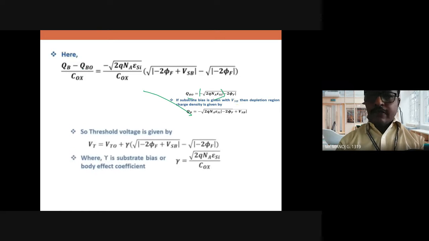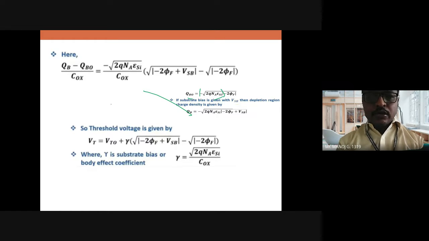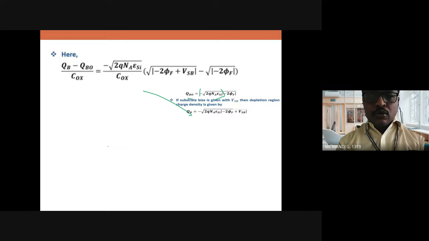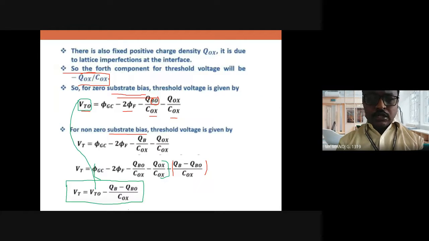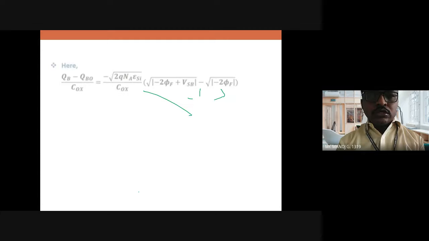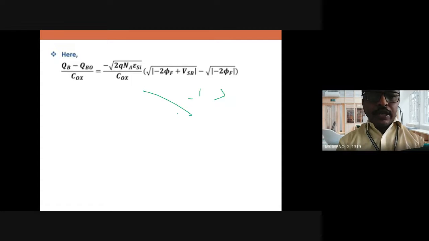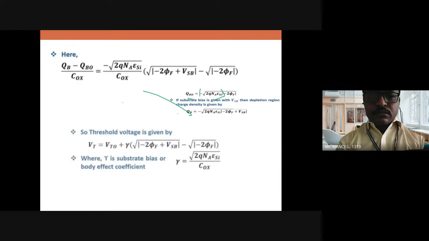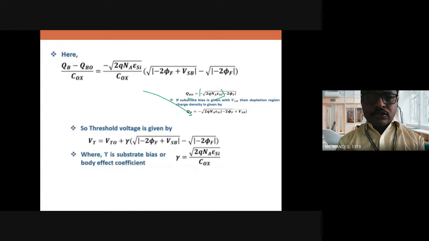Now, if I simplify it, the whole expression is going to be VT0. This whole thing I'm just writing as VT0. This is in terms of charge, so I want to convert it into voltage. That is the reason why I do this. After that, when I simplify it, I get a constant called gamma. This gamma is because of the substrate biasing, and it is called the body effect coefficient.